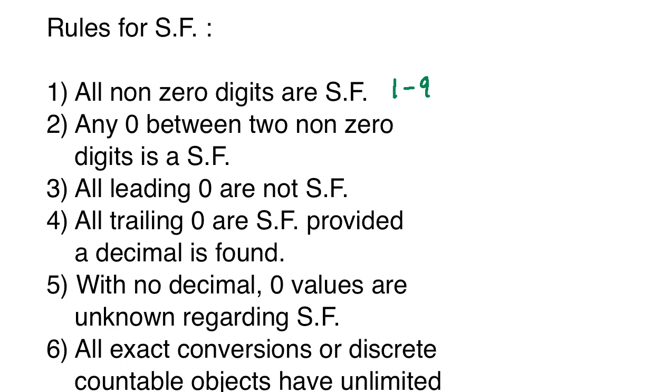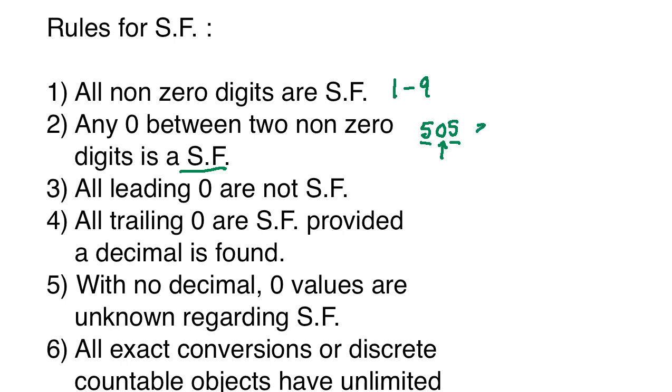Now, what happens if I have zeros between 2 non-zero digits? In that case, Rule 2 says that all of the 0 digits will be counted as significant figures if they are between 2 non-zero digits. So, for instance, if I have 505, because this 0 is in between the 2 5s, both of which are non-zero digits, this 0 would be counted as significant.